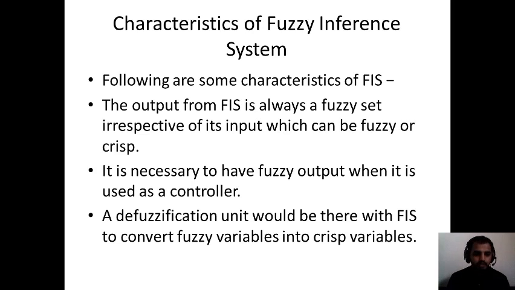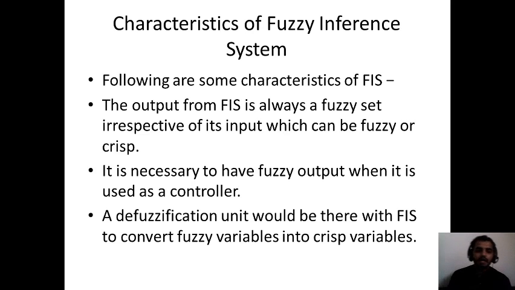Now the third one is that a defuzzification unit would be there with FIS to convert fuzzy variables into crisp variables. What do you mean by this? The output is coming in terms of fuzzy values, but I need a system in which I need the crisp value but not the fuzzy value.